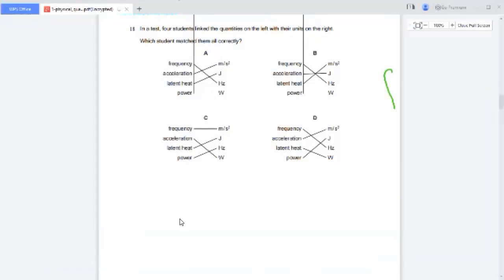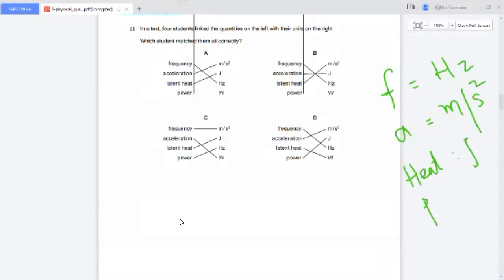For frequency, the unit is hertz. Acceleration, we know that it is meter per second square. Latent heat is energy. Heat is an energy, and energy is in joules. So power is in watt.